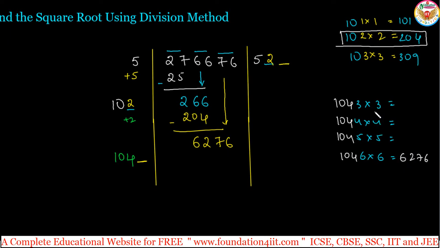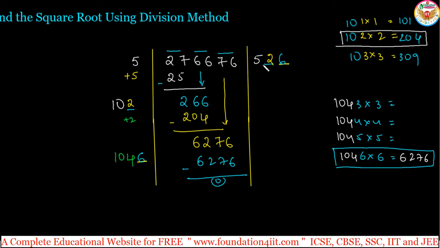It should be remaining or less, not more than 6276. Maybe equal to this or less. That means according to this we need to take 6. The other 3 are less than this, no? So 1046 into 6 is 6276. If it is a perfect square, you will get exactly 0 after subtracting.